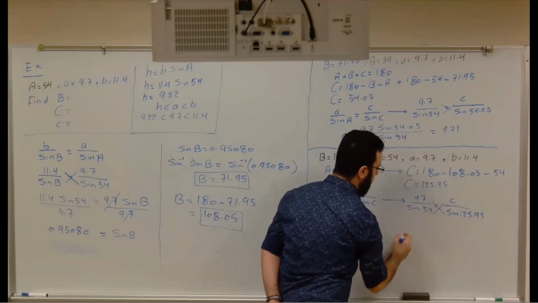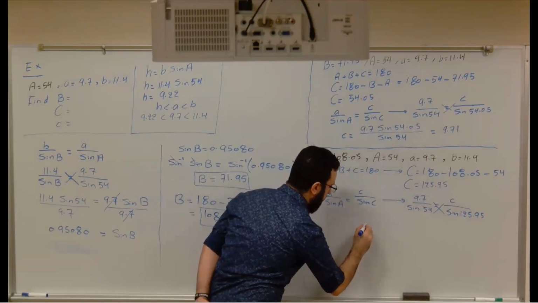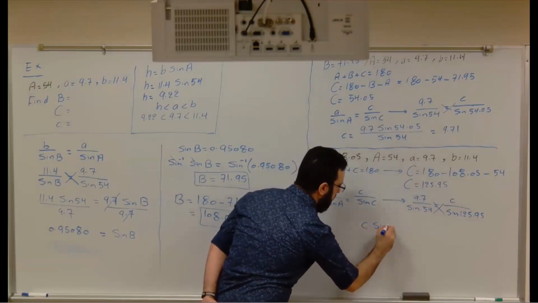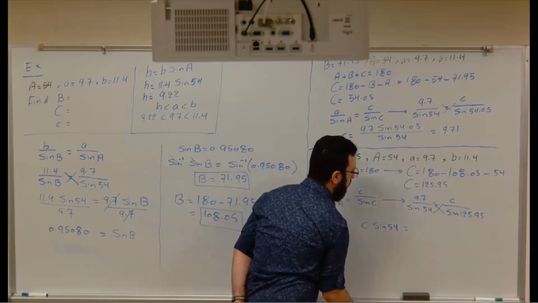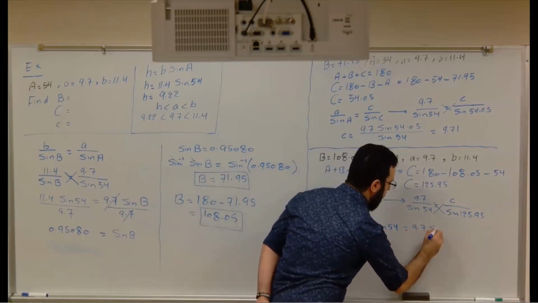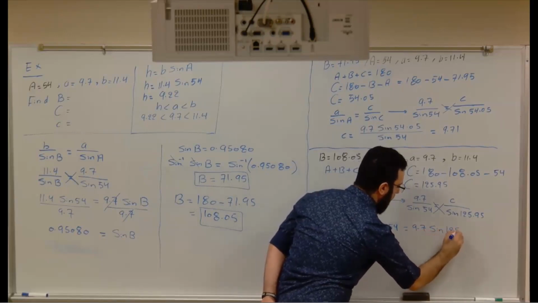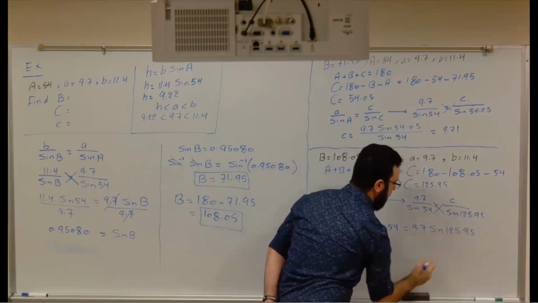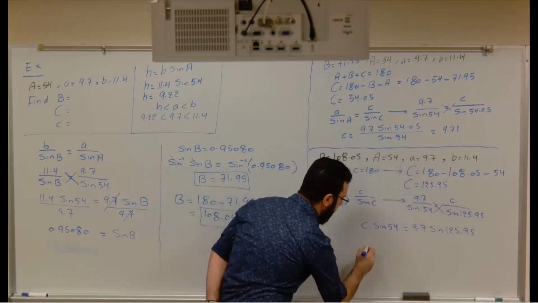Do the cross product. That means C sine 54 is going to be equal to 9.7 times 125.95. Then divide both sides by sine 54.